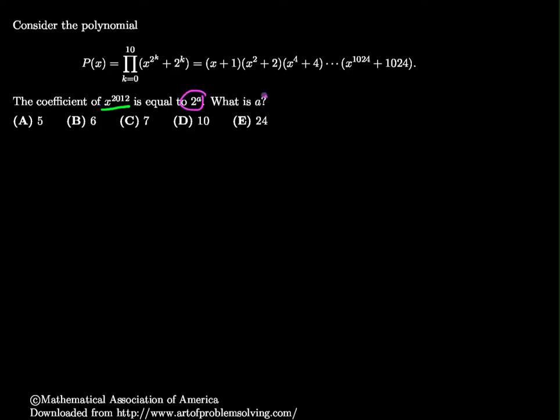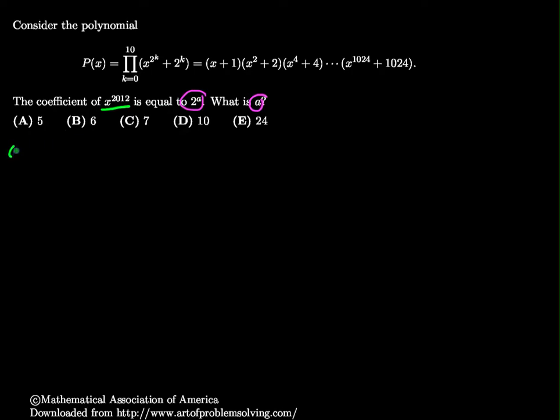So, for the video's sake, if you need help on this, let me write out the actual terms of this polynomial, the factors of this polynomial. So, they start us off. Basically, we have all of the powers of 2 as powers of x from 2 to the 0 up to 2 to the 10th, which is of course 1024, plus all the powers of 2.